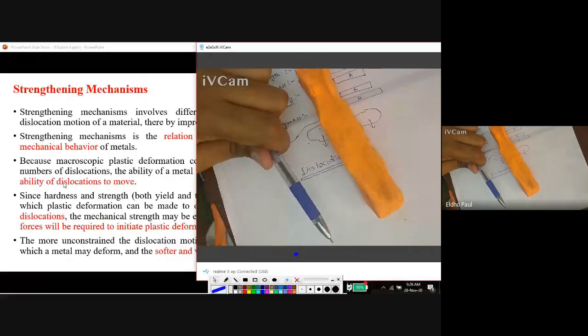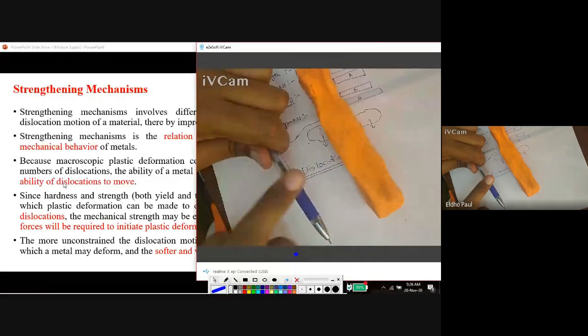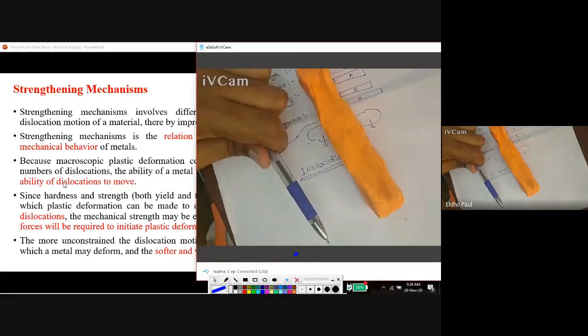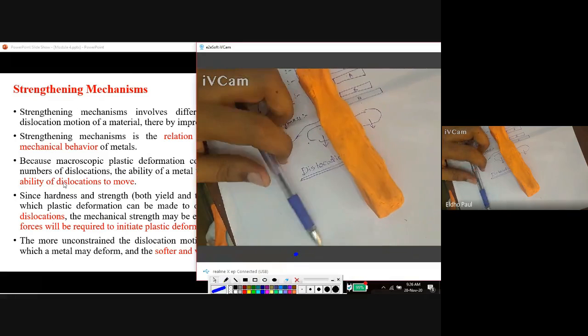So this additional force that we applied is used to overcome the resistance against dislocation motion. By this additional force, the dislocation overcomes the resistance and then moves further, thereby we can see a deformation on this material. So this is very important.